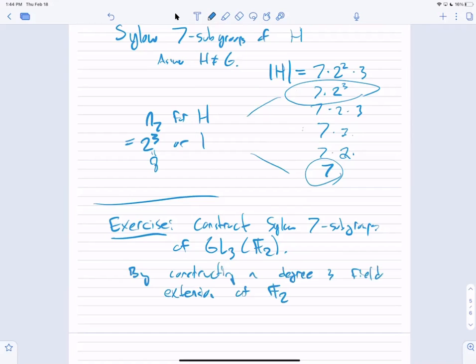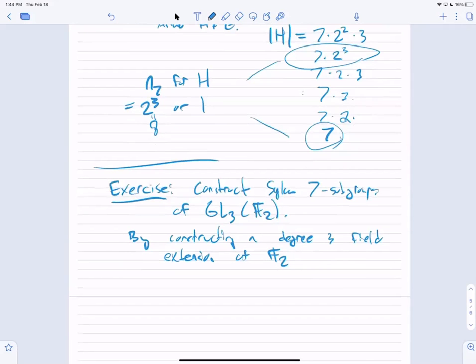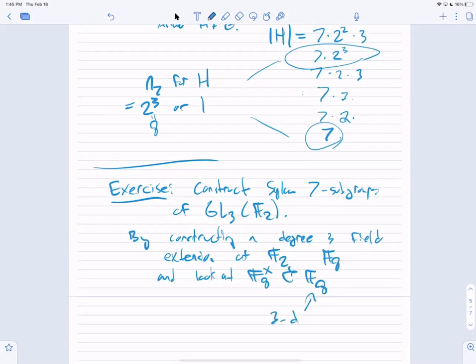We're going to talk more about this later, so maybe we'll come back to this exercise after the midterm. But anyway, you can construct a degree 3 field extension of F2, call it F8, and look at F8 cross acting on F8, which can be viewed as a three-dimensional F2 vector space.